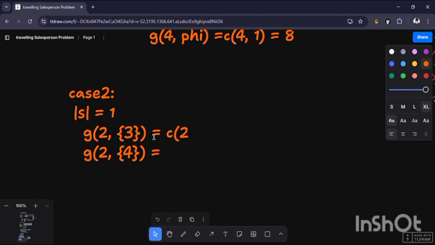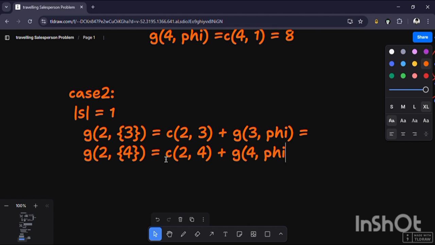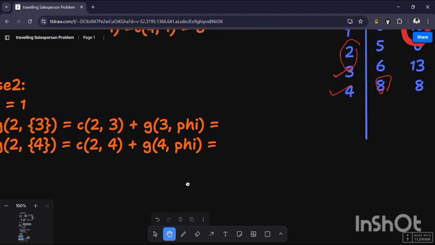Cost of 2 comma 3 plus g of 3 comma 5, right? Now similarly this one, cost of 2 comma 4 plus g of 4 comma 5. Now let's just put the values.